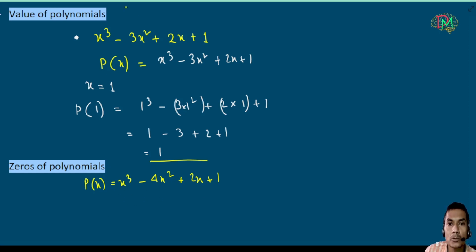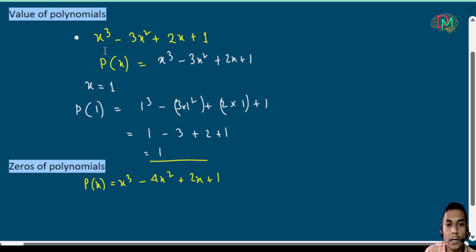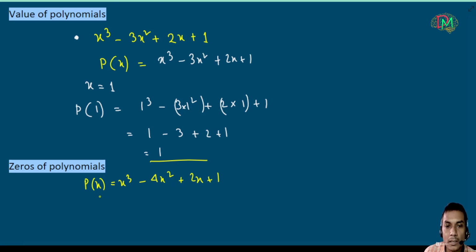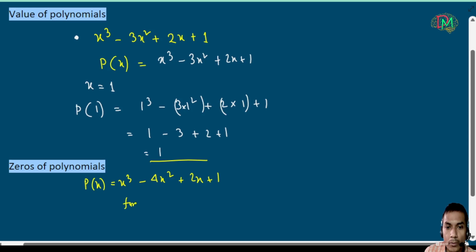Now for which value of the variable is this polynomial 0? For which value of x is p(x) equal to 0, we have to find out, and that will be the zero of the polynomial.